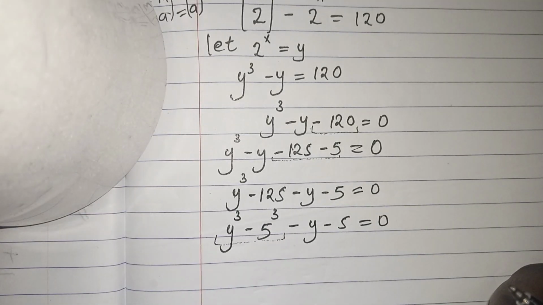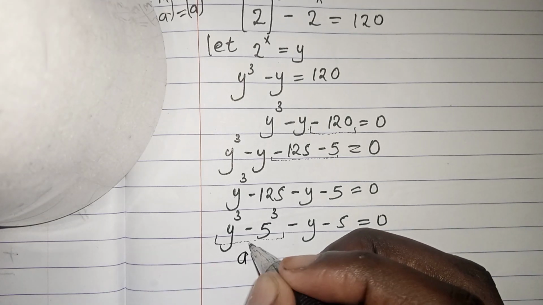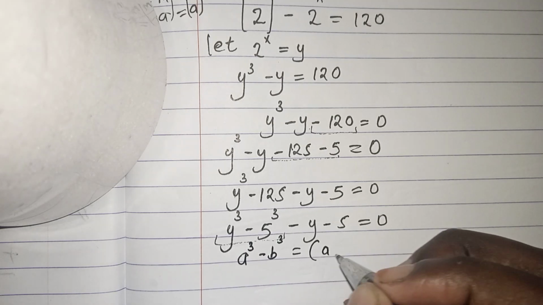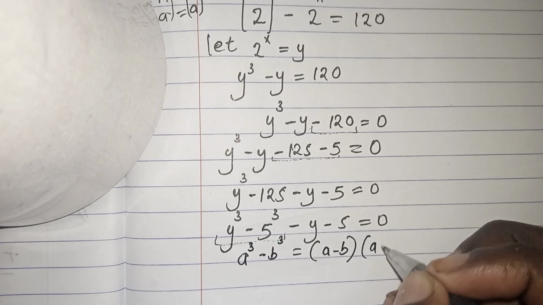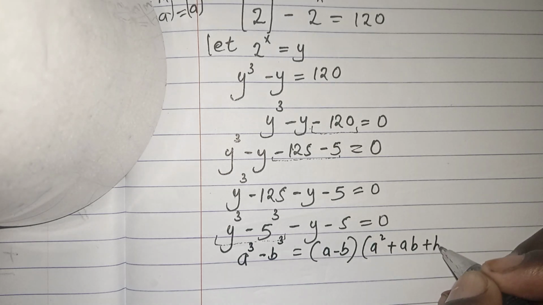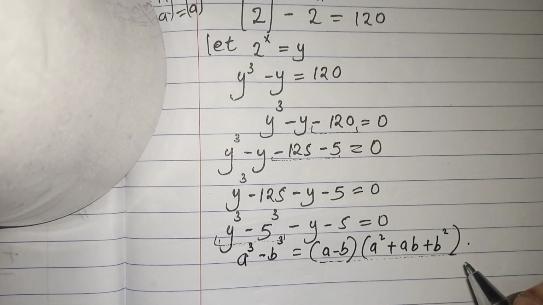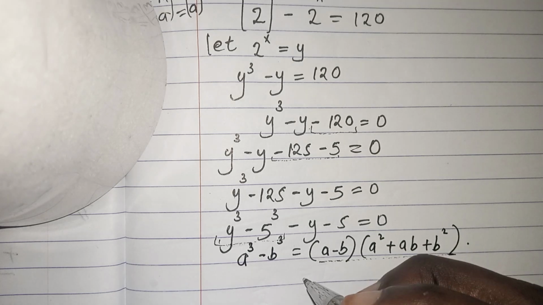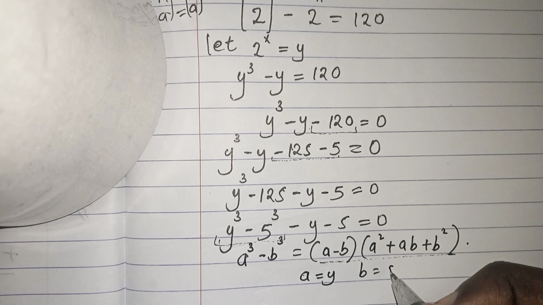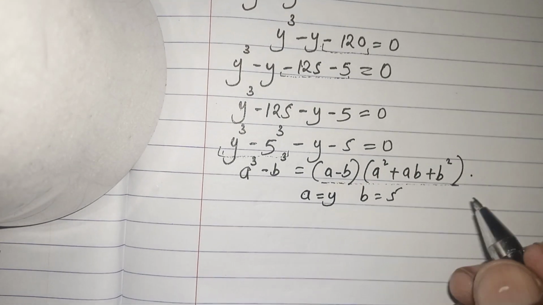We can solve it using the cubic principle, whereby if you have a cubed minus b cubed is equals to bracket a minus b bracket a squared plus ab plus b squared. So we are going to express this in this form. And for our case, a is equals to y, b is equals to 5.